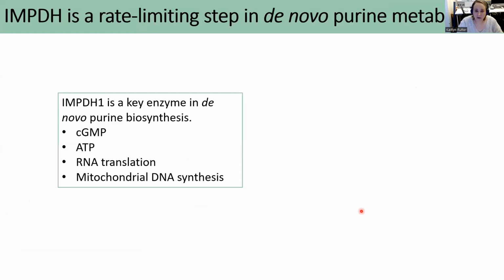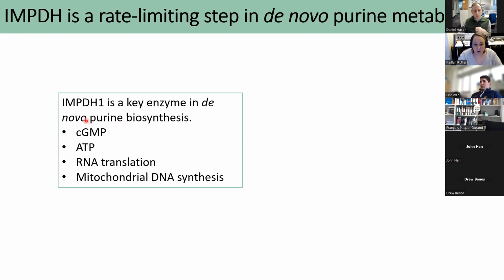And so to take a step back, let's talk a little bit about what IMPDH is. It is a rate-limiting enzyme in the de novo purine biosynthesis pathway. It is found in low levels in most cells, and again, robustly expressed in rods and cones. And if we think about why purine biosynthesis is important generally in photoreceptors, the first thing that comes to my mind is cyclic GMP.